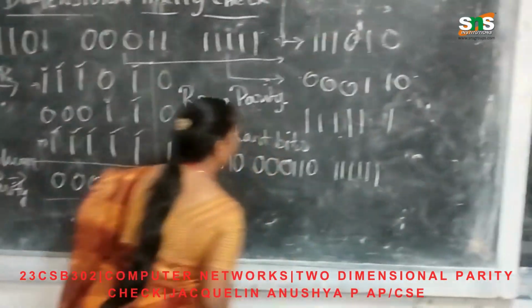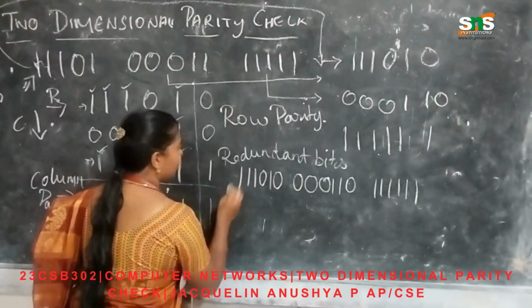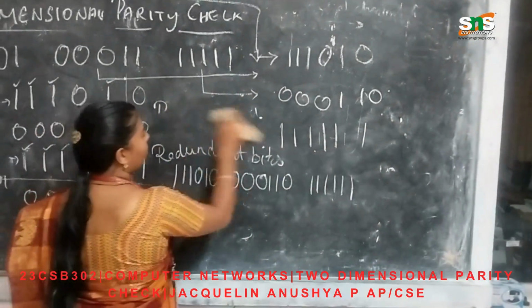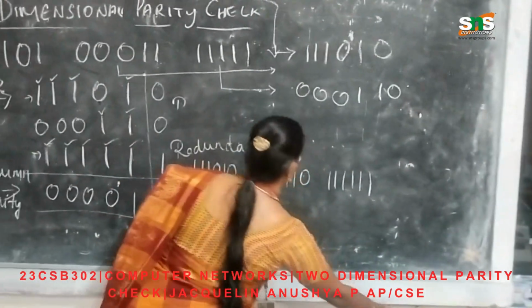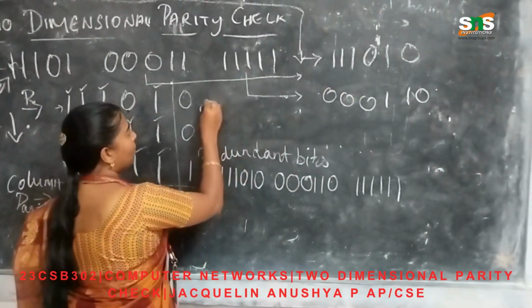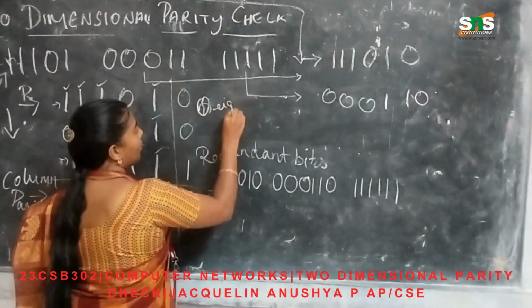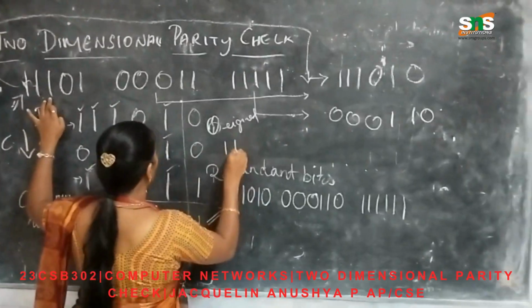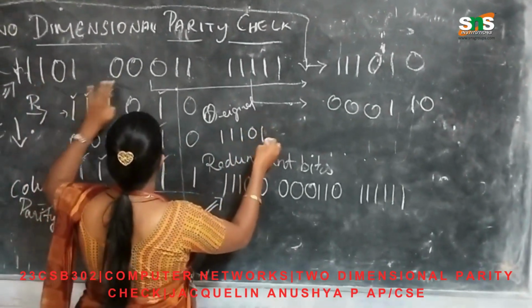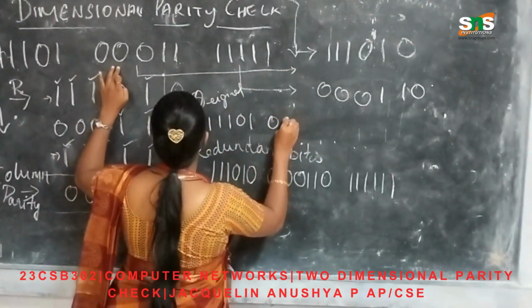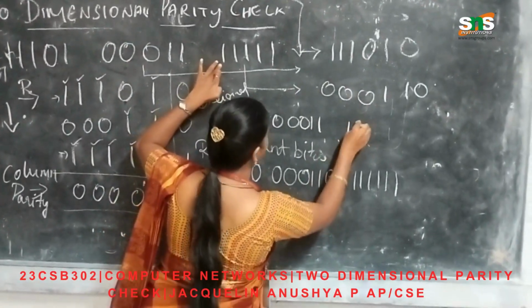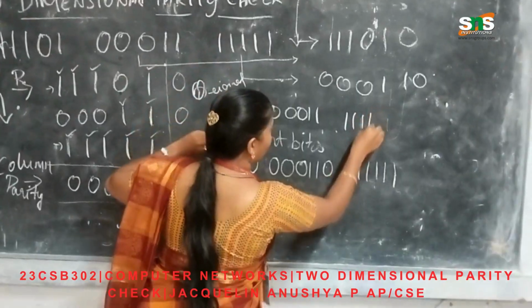And original data bits. Okay, original data bits I can write above. So your original data bits will be 1 1 1 0 1 and 0 0 0 1 1 and 1 1 1 1 1.